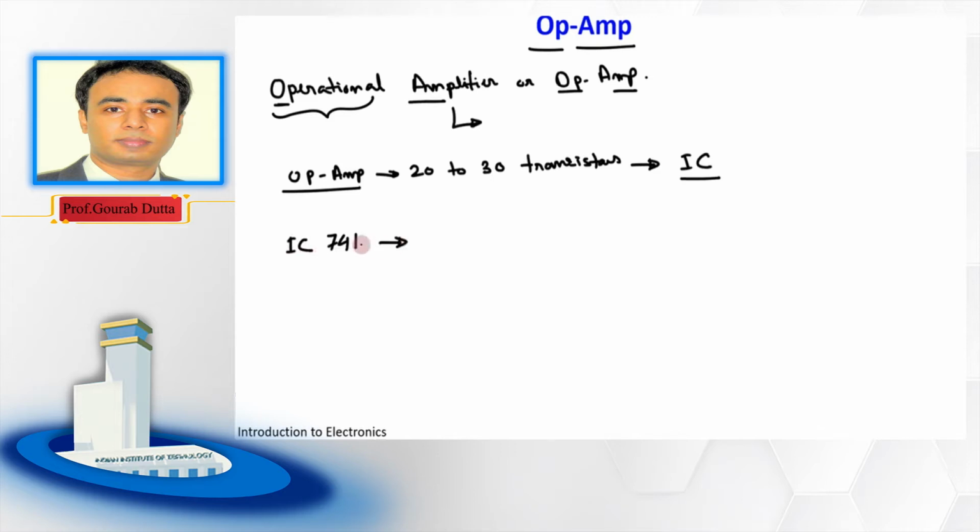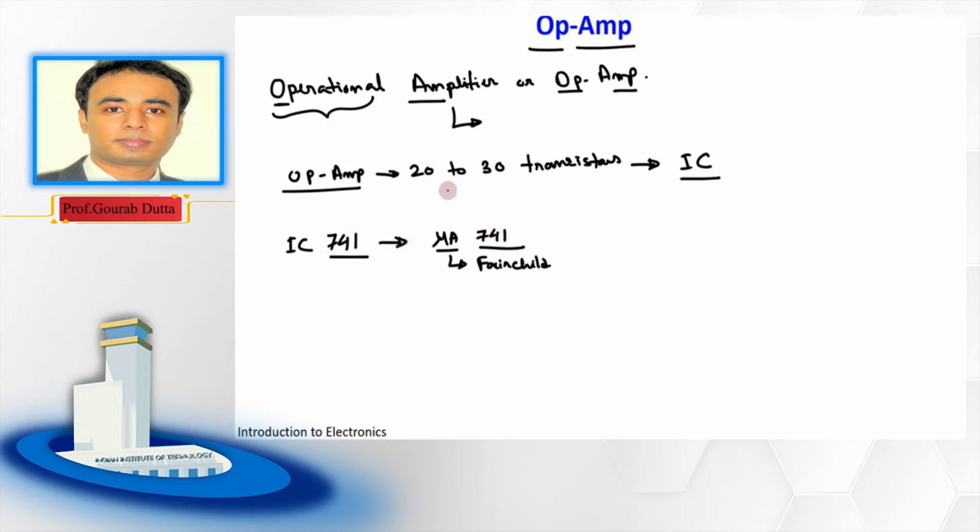And to be quite specific, you can think of the name as μA 741. The prefix stands for the company name, which is actually Fairchild. This Fairchild is the company which has fabricated this, and 741 is the number of this IC.